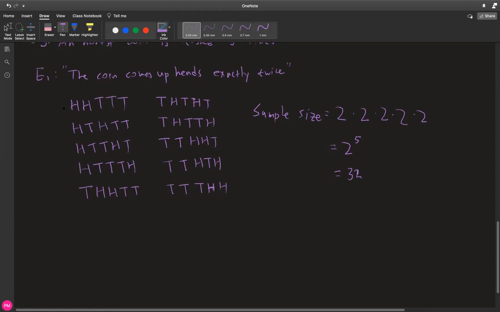Then, since we have 10 possible outcomes such that the head comes up exactly twice, we can simply conclude the probability of E1 in this case is 10 over 32, or you can simplify it to be 5 over 16.